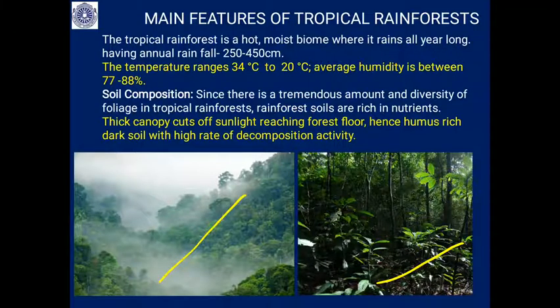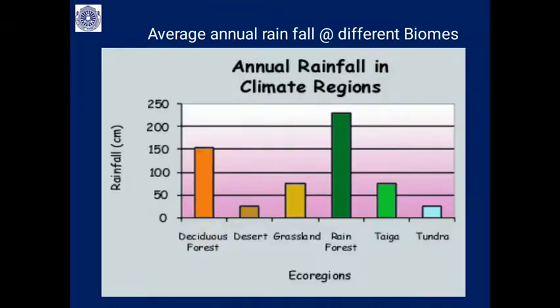So throughout the year there will be rain. Depending on the rainfall, you may see in this graph the type of biome in the terrestrial habitats. Usually the rainforest, you will find, has around 250 centimeter annual rainfall, which supports tall woody trees. That's why you will find tropical rainforest.